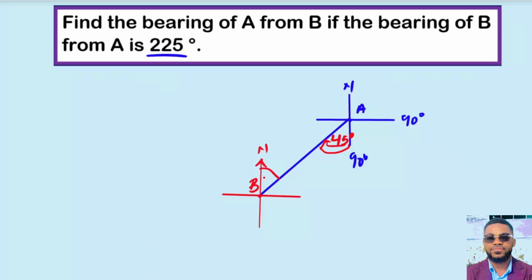So this small angle here is 45 degrees. So simply, the bearing of A from B is 45 degrees. Why? Because as you move from the north to this line, we just covered 45 degrees. So that is 045 degrees in terms of three-figure bearings. So the answer is going to be 045 degrees.